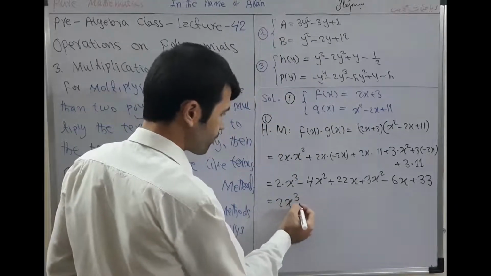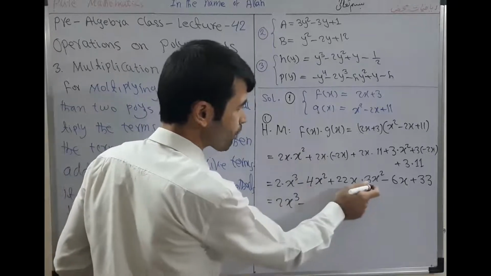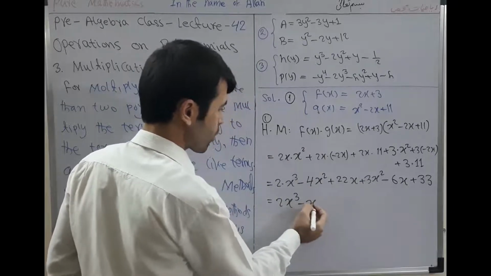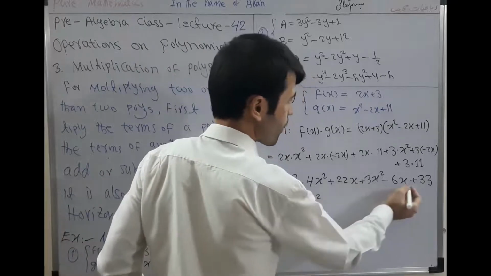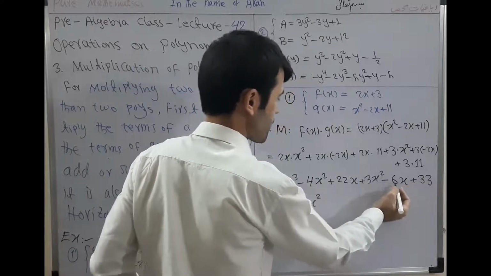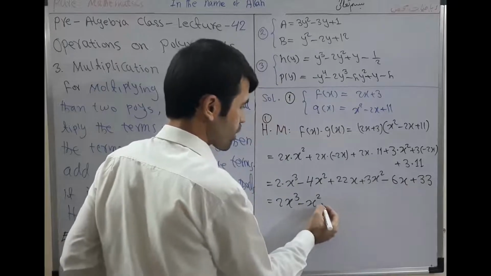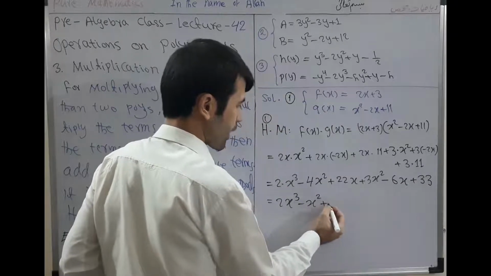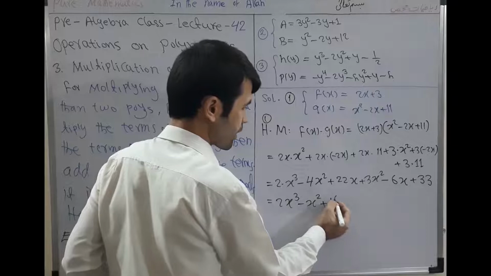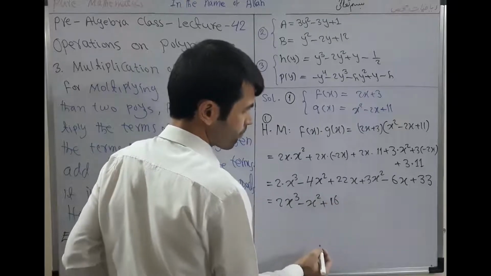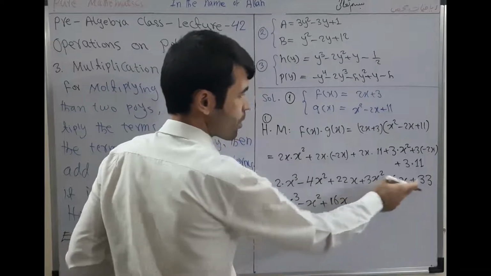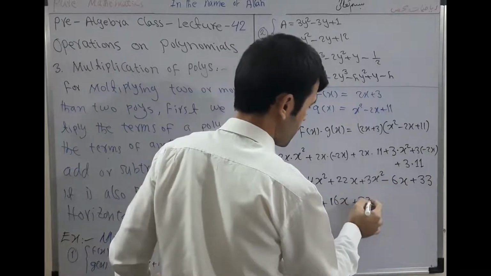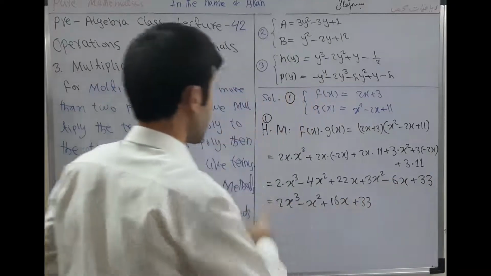Minus 4x squared plus 3x squared, we get minus x squared, 22x minus 6x, it is equal to plus 16x, plus 33. It was the horizontal method.